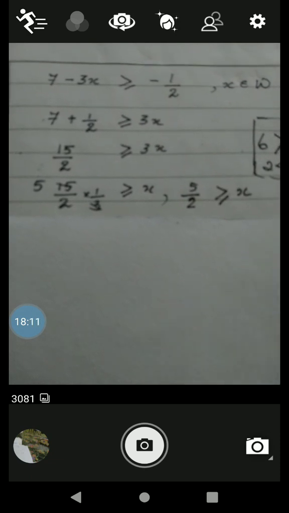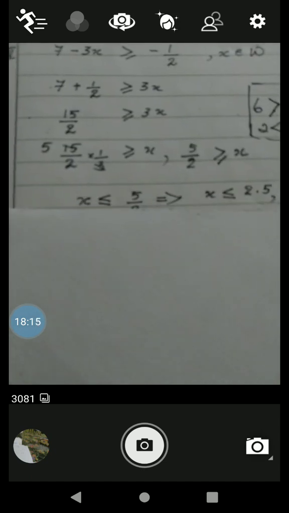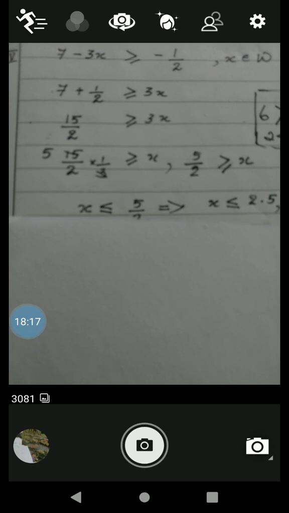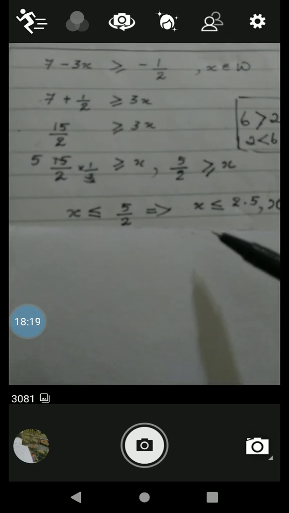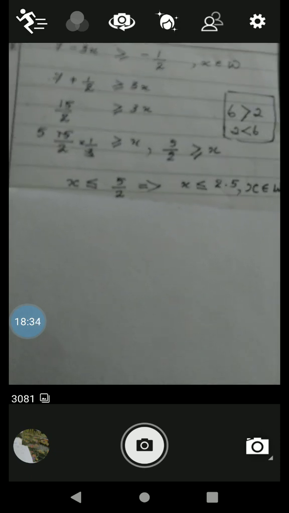What is 5 by 2? It is 2.5. Okay. So here x is less than or equal to 5 by 2, which implies x is less than or equal to 2.5. And we know x belongs to whole numbers. X cannot be 2.5. Why?